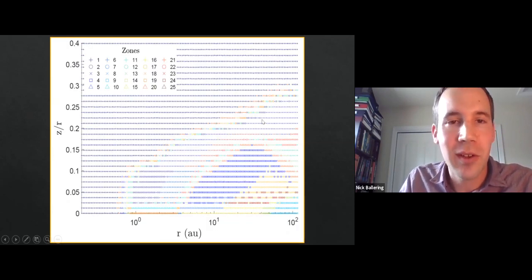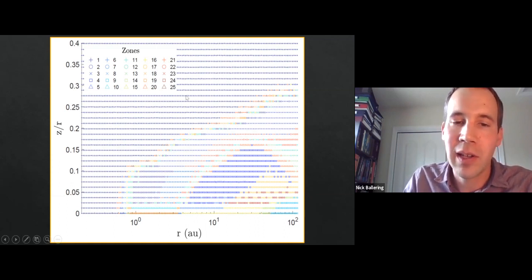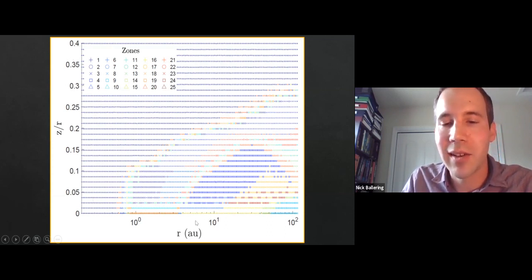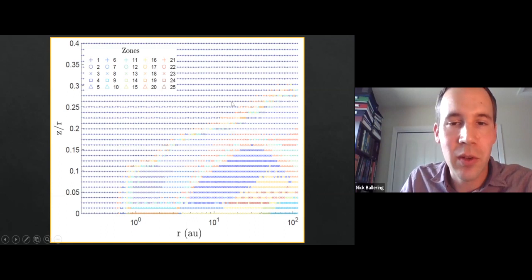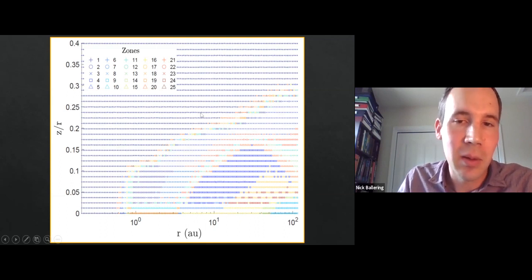This is where those grouped zones actually fall within the structure of the disk. Here on the y-axis is the vertical coordinate of the disk, and on the x-axis is the radial coordinate of the disk. And you can see the different symbols correspond to which of those groupings, which of those zones, that point in the chemical model was assigned to.